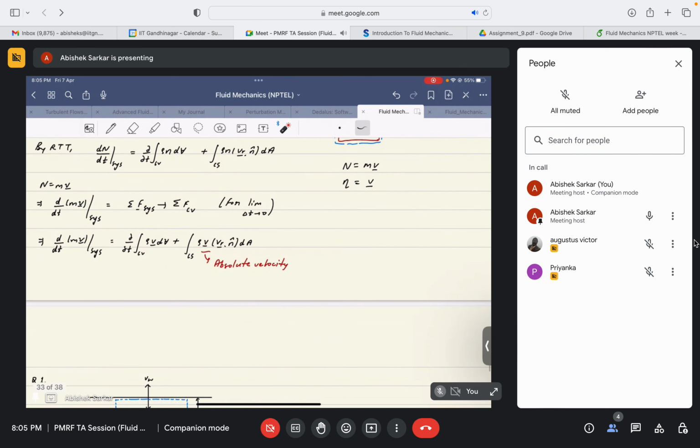And again here, it is V and here it is Vr. It is very important to know where it is V and where it is Vr, and where both will be V.